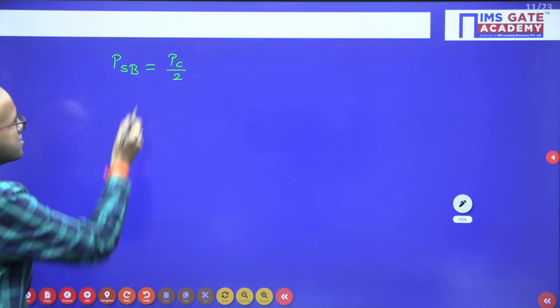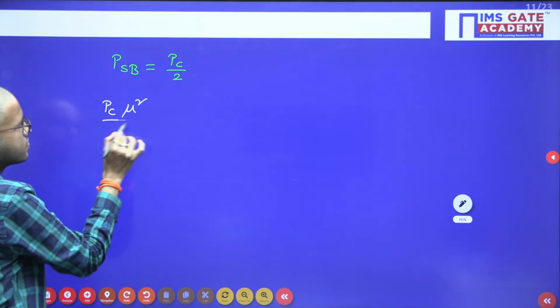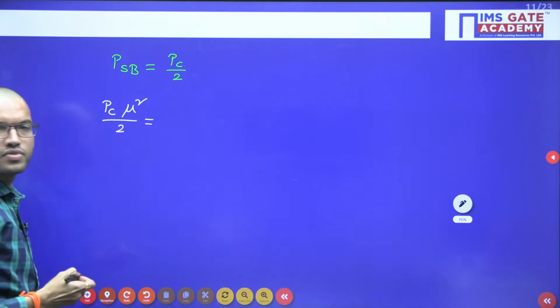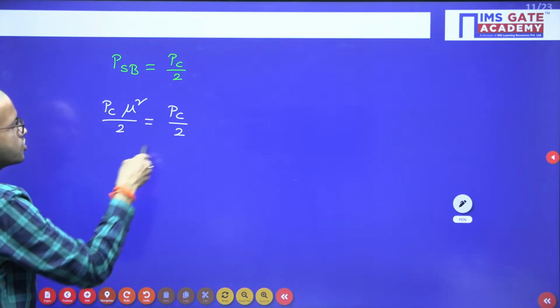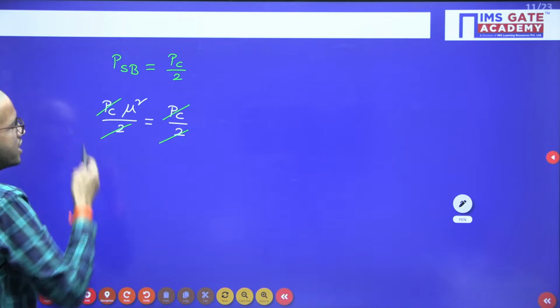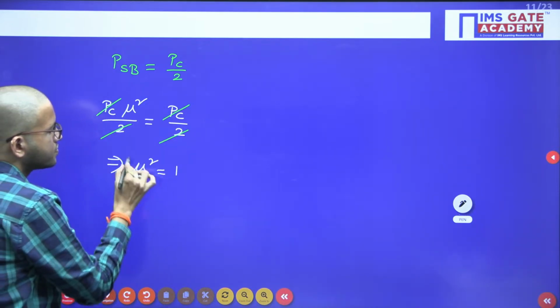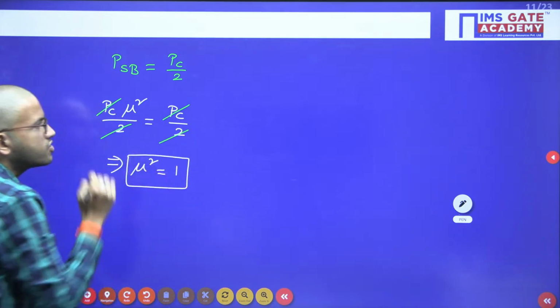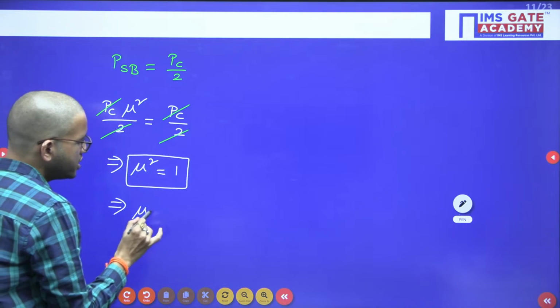Total sideband power is nothing but PC mu square by 2, which is equal to, according to this question, PC by 2. So 2 will get cancelled, PC will get cancelled. From here you are going to get mu square equal to 1, so you will get mu value as 1.